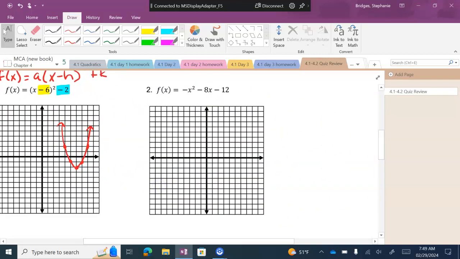Okay. Number 2 is in what form? Standard, right? So remember that looks like this. That is f of x equals ax squared plus bx plus c. And then to find h, we have to use the negative b over 2a. And yes, I'll give you that for the quiz tomorrow. A is the number in front of x squared. B is the number in front of x.